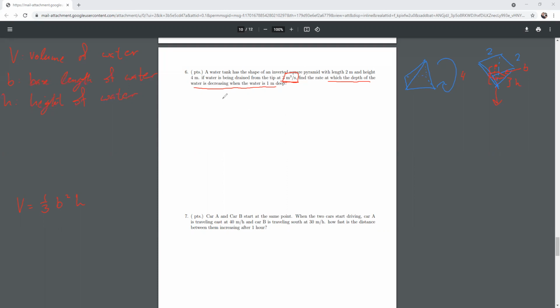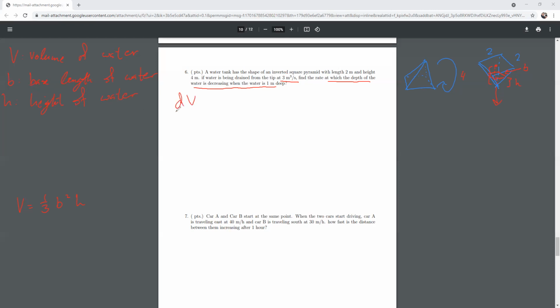And also they say it is being drained from the tip at this. They actually don't say rate or anything like they normally do with the derivative, but we can kind of think of it as a rate, right? Because it's being drained from it over a certain amount of time. So I think we can think of that as a derivative, right? So perhaps it's just a guess, but let's give it a go.